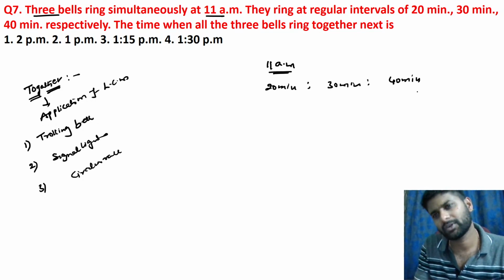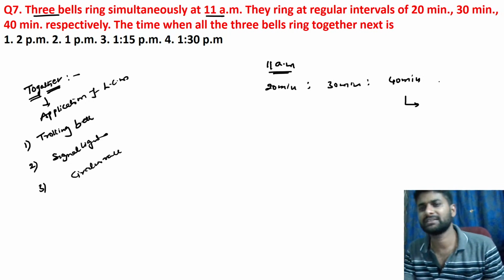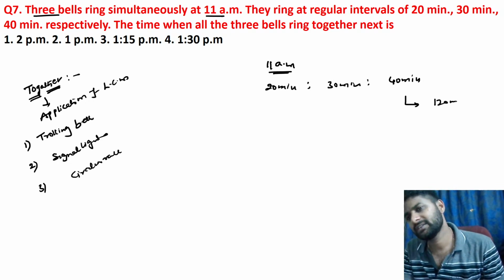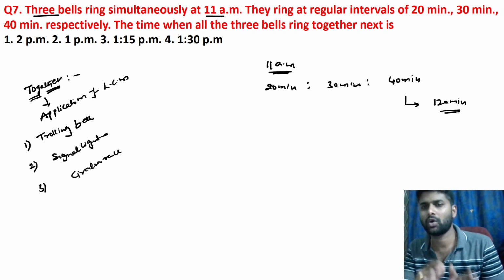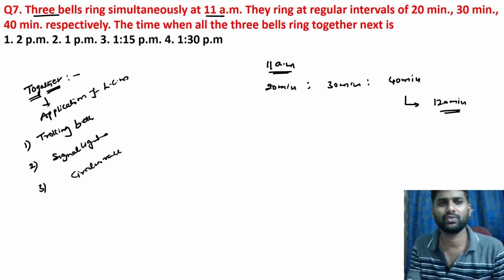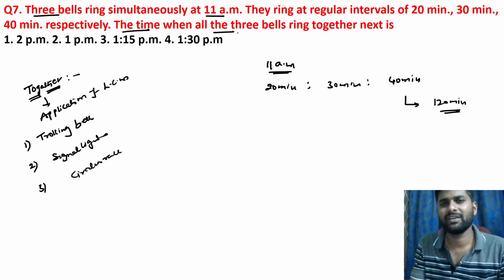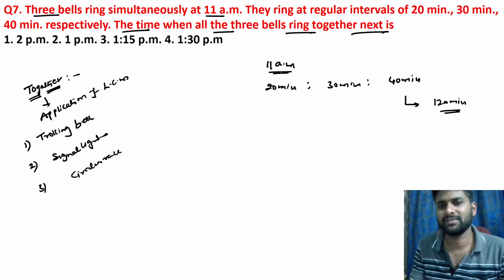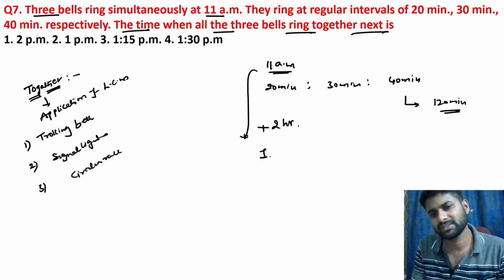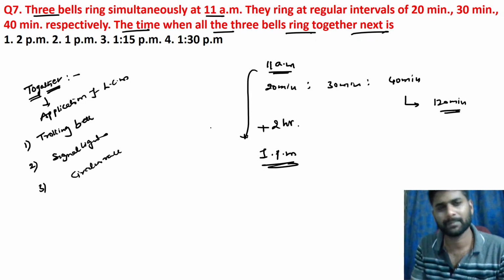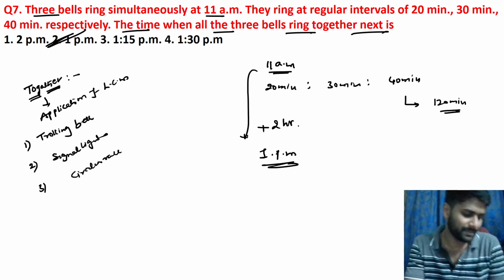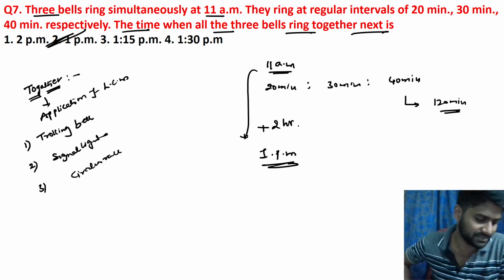If you observe the common multiple of 20, 30, 40, every 120 minutes all three bells ring together. Now the question: see the time when all three bells are together. After 11 a.m. it takes 2 hours, so you can see they are together exactly at 1 p.m. At 1 p.m. all the bells ring together.